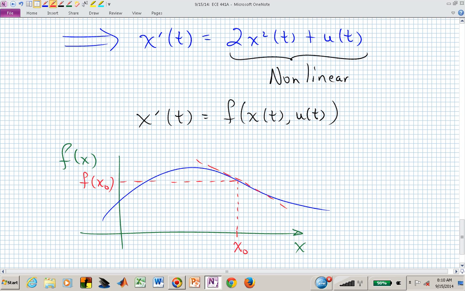So what we're trying to do is find, depending on where we are operating, an approximation to this nonlinear behavior, and that will then replace or approximate this nonlinear side on the right with a linear approximation. That's what we're wanting to do.